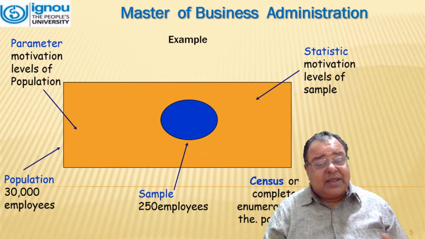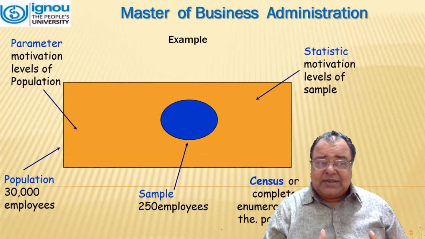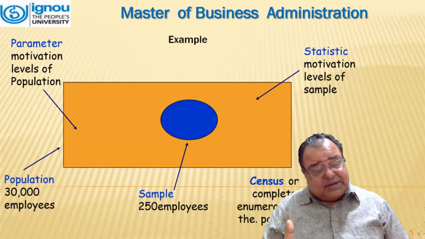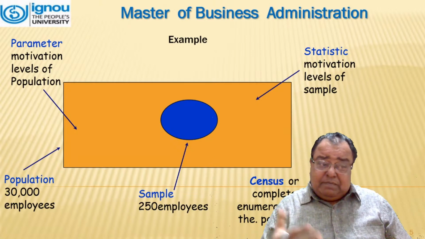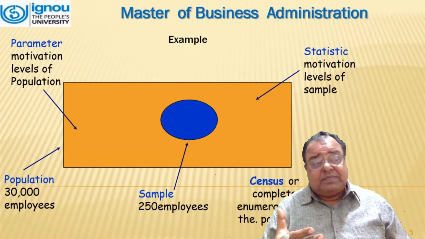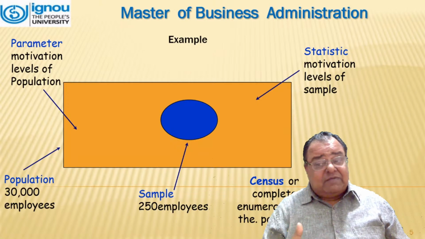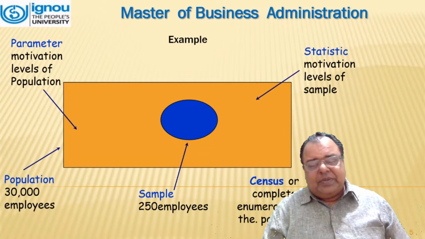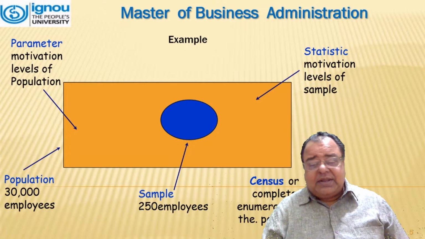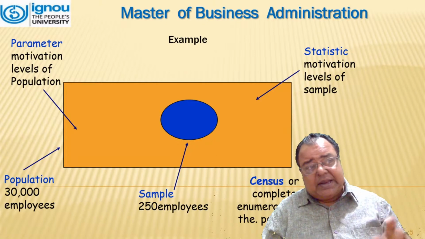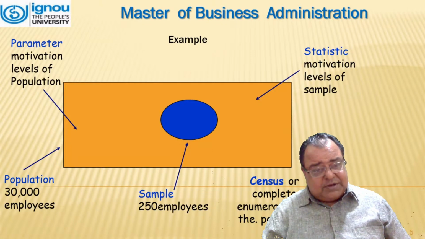The blue marking is 250 employees, that is the sample size. And there is another component that is parameter. That is the study of motivation level of the population. And another component is census, or the complete enumeration of the population.